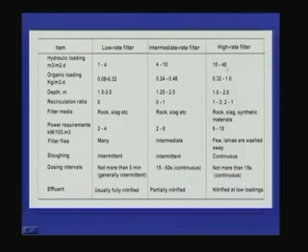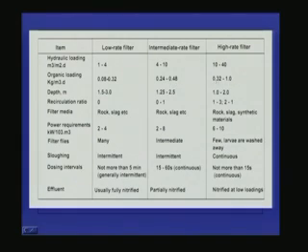That means the high rate filter can treat around 10 times more wastewater compared to a low rate or a standard rate trickling filter. And organic loading rate is expressed in terms of kilogram per meter cube per day. Organic loading rate varies from 0.08 to 0.32 in low rate or standard rate trickling filter, and in intermediate rate filter it is 0.24 to 0.48, and in high rate it is 0.3 to 1.